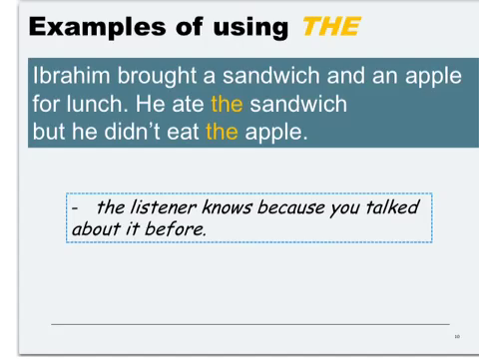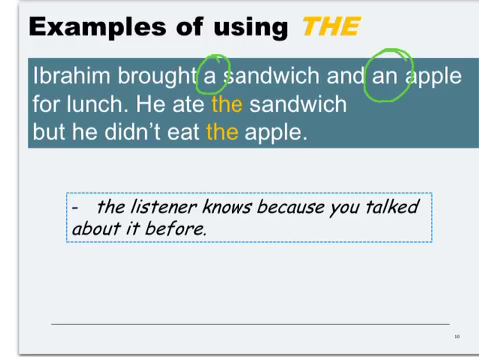Let's read our first example. Ibrahim brought a sandwich and an apple for lunch. He ate the sandwich, but he didn't eat the apple. In the first sentence, we say a sandwich and an apple because it's the first time we've heard about them.